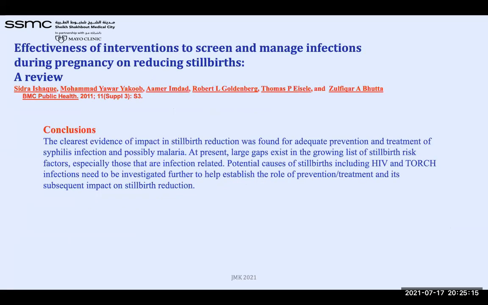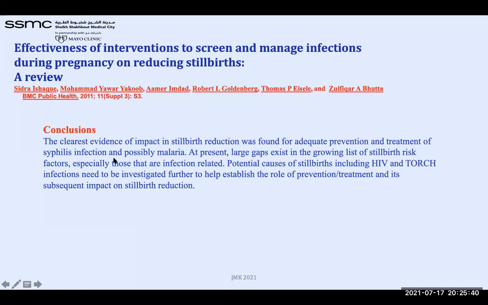The other article was published in 2011 by Dr. Bhutta and his group; Dr. Sidra is the main author. They wanted to find out the effectiveness of interventions to screen and manage infections during pregnancy on reducing stillbirth.